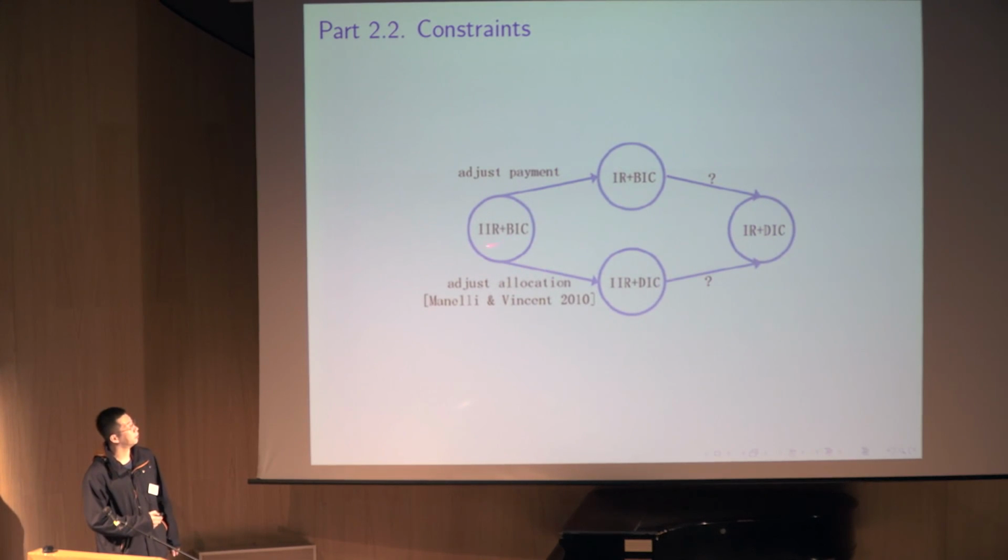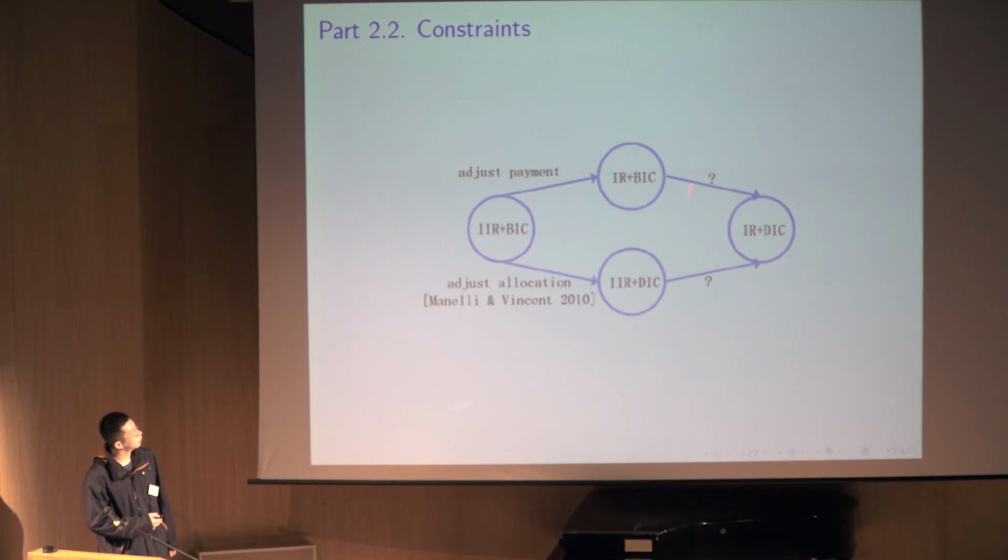By adjusting the payment rule, we can implement it as an ex post IR and BIC mechanism. And Manelli and Vincent say that by adjusting the allocation rule and the payment rule together, we can implement it as an ex post IR and DIC mechanism. So these three mechanisms have the same optimal revenue.